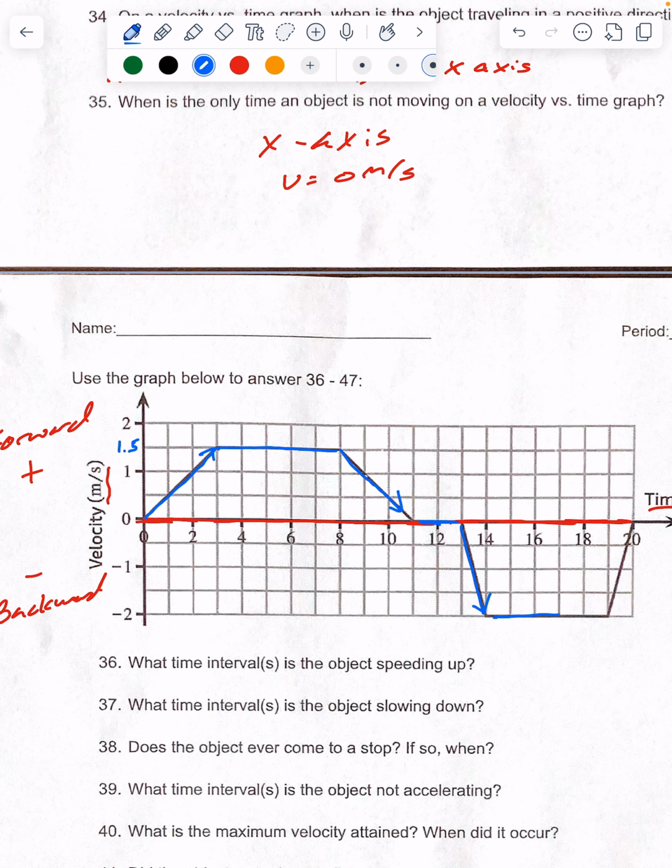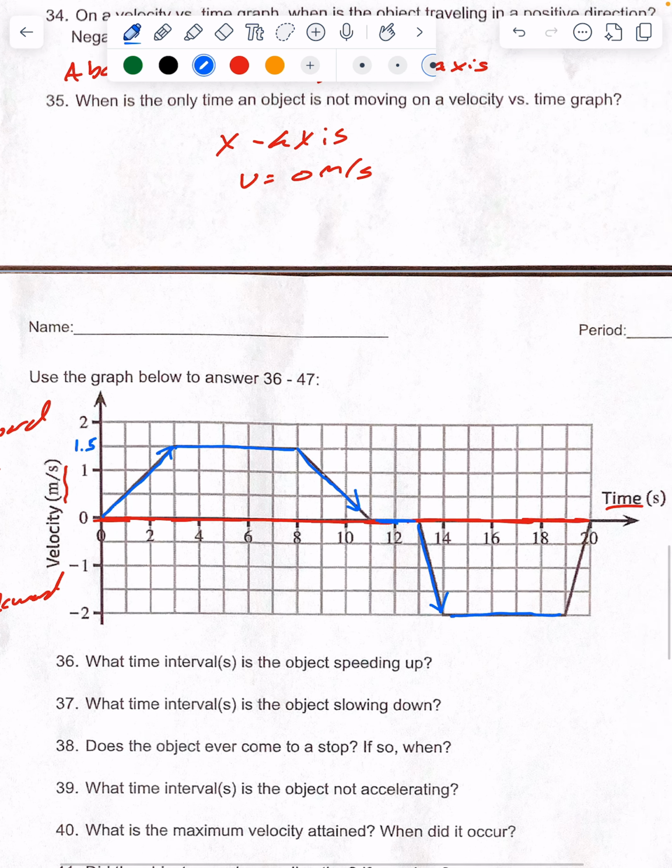Then you have a flat line, so that means you're constantly going -2. And then you're going back towards 0 again, so that means you're slowing down. You're still going backwards. Just because you're pointing up doesn't mean you're going forwards. You're just going back towards 0, just going backwards. You're slowing down.